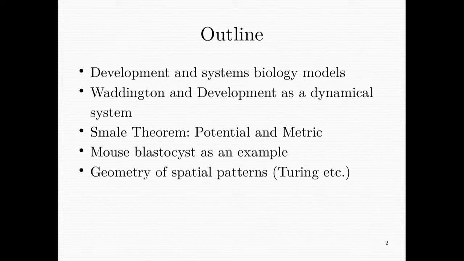Then I'm going to talk about how we think we can, at least for certain systems in low dimensions, classify the qualitative possibilities of these dynamical systems, and how I think that's useful to fit biological data. I'll give you a particular example using embryonic development in the mouse. And finally, in the last part of my talk, I'll talk about spatial patterns and how to think about some of these spatial patterns in a geometric manner.